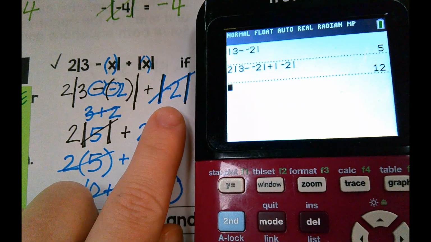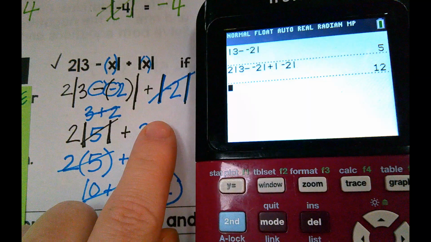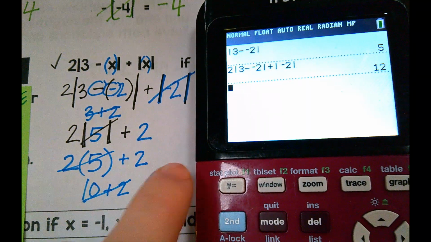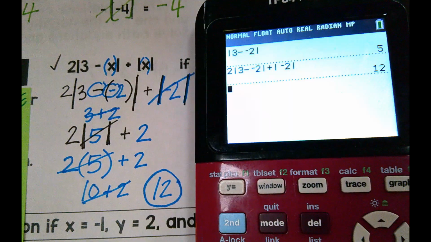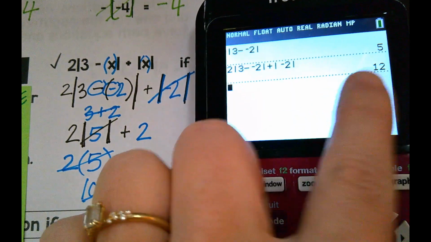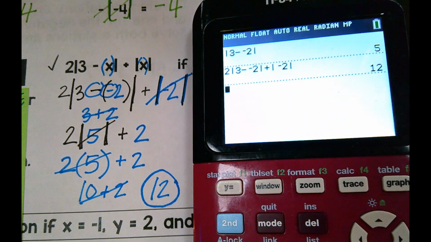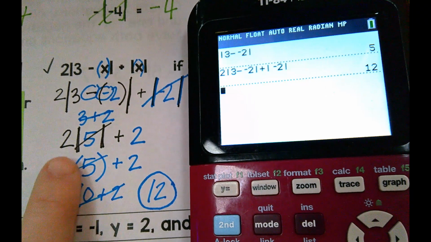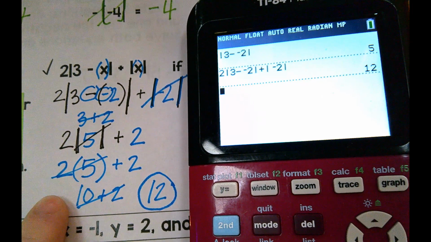It does. That's great. If you get really good at typing it in your calculator, you don't even have to do any math. But it's always a good idea to make sure you know that it's right, because if you type one little thing wrong, your whole answer's wrong. Sometimes it helps to go through the steps and make sure you understand it.